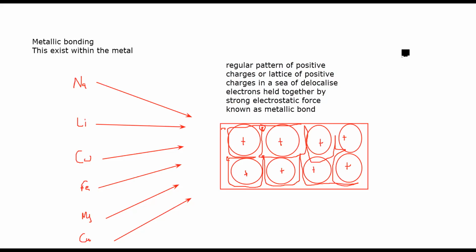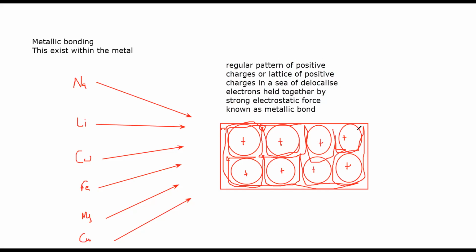Delocalized means their positions are not fixed. They can move anywhere within the structure. That's why we call them delocalized electrons. So electrons can be anywhere within the structure.